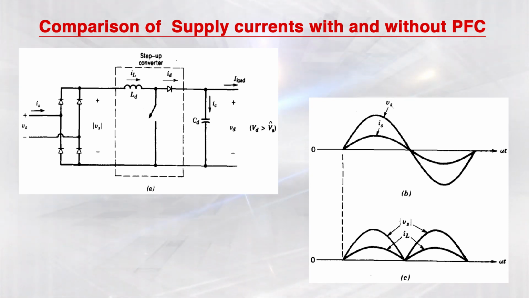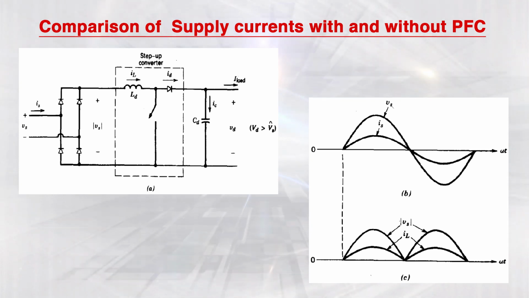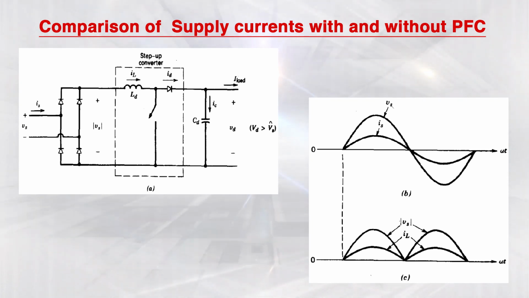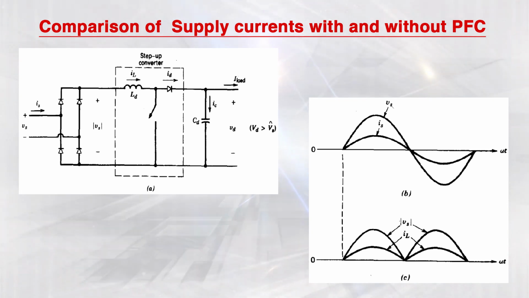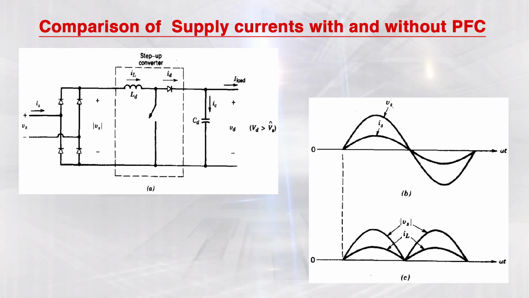So, here we have the operations, we can switch on the PFC switch through control. The inductor gets charged, and whenever we provide off pulses to this boost switch, the inductor releases energy to the capacitor, as well as a fraction of energy going to the load.